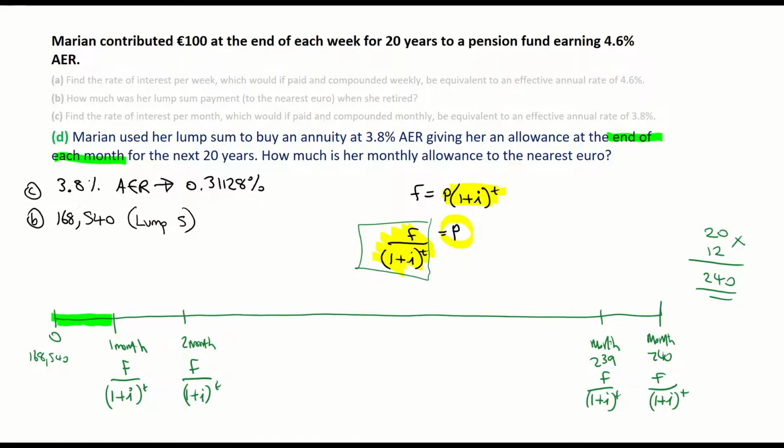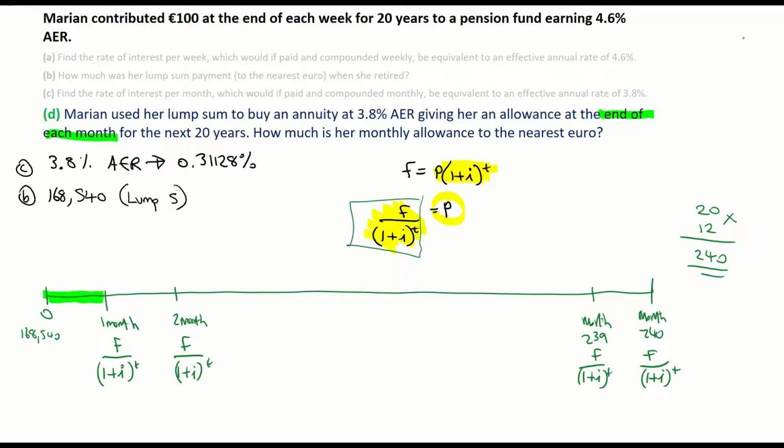Now that last installment, let's have a look at that and see, is it actually earning interest? Well, we can hopefully see that it is, because this money has been sitting in the bank account for 240 months, so it is earning interest, and it's going to earn interest for 240 months. So it's going to be 1.0031128 to the power of 240 months.